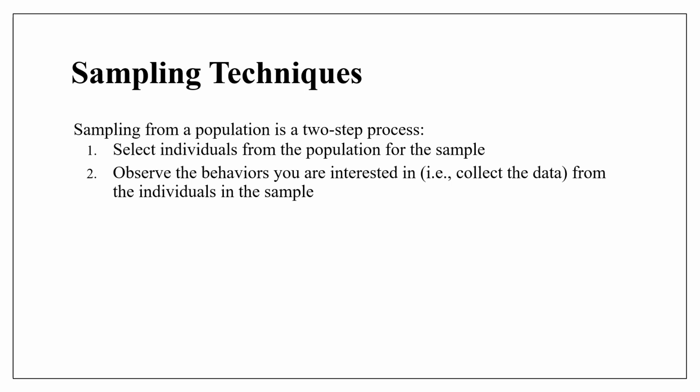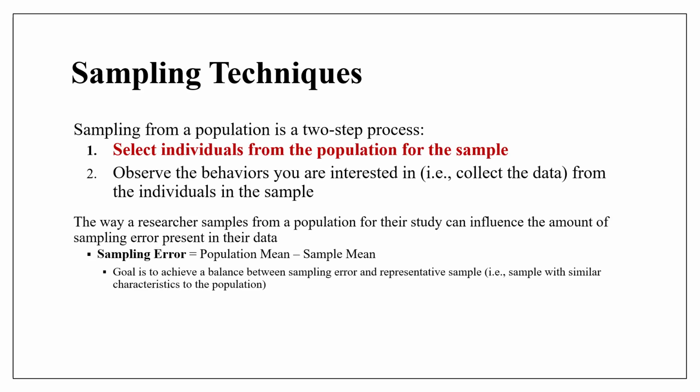So we're going to be collecting data from the individuals in that specific sample that we've created. So right now, again, we're going to focus more heavily on how do we select individuals from the population for the sample. And again, I want to emphasize that the way a researcher samples from a population for their study can influence the amount of sampling error present in their data.